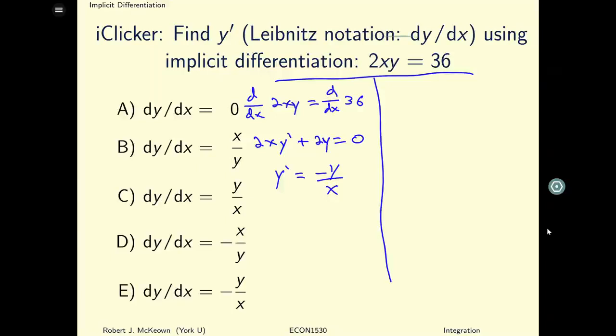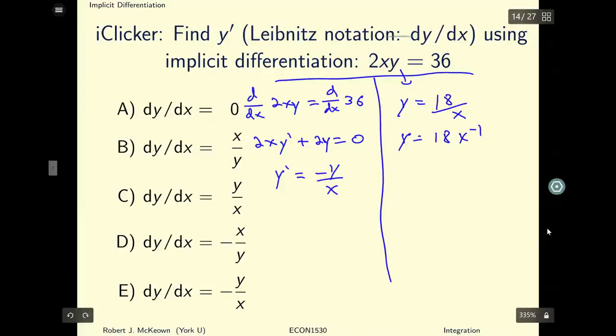Notice that we could have rearranged this first, and so we could actually write y as a direct function of x, and I can make it easier on myself and write it like that.